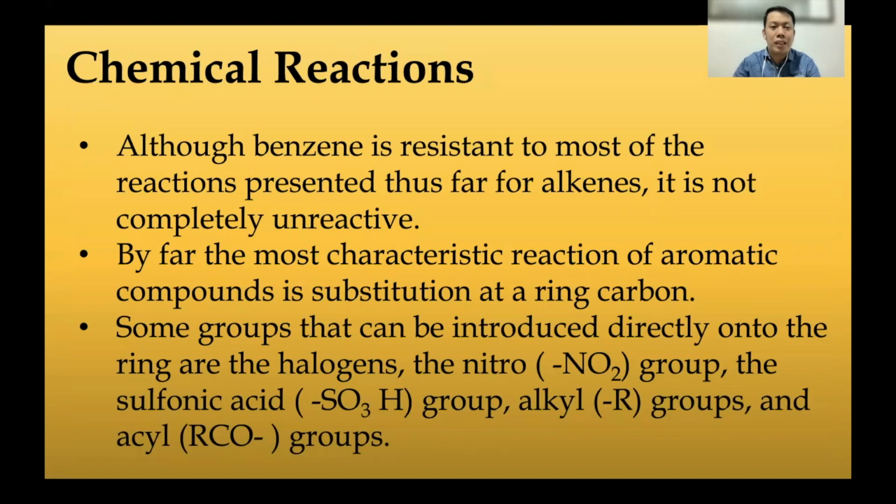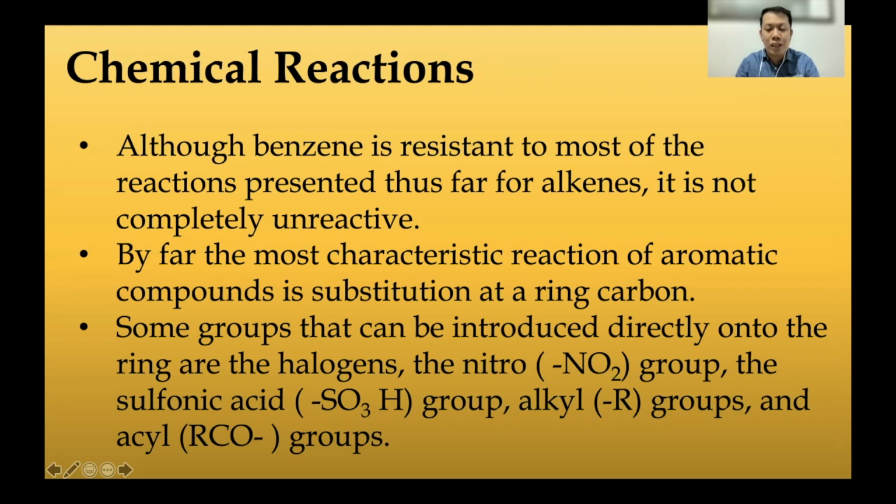Okay, so this time let us talk about the chemical reactions of benzene. Although benzene is resistant to most of the reactions presented thus far for alkenes, it is not completely unreactive. Others think that benzenes are unreactive. However, by far the most characteristic reaction of aromatic compounds is substitution at a ring carbon.